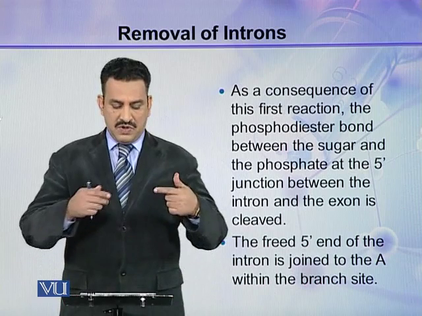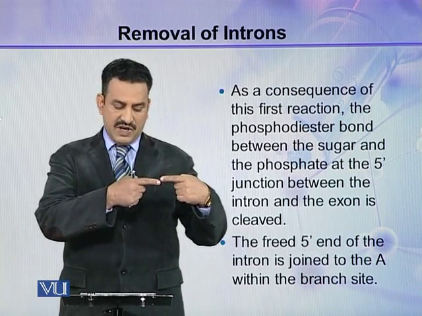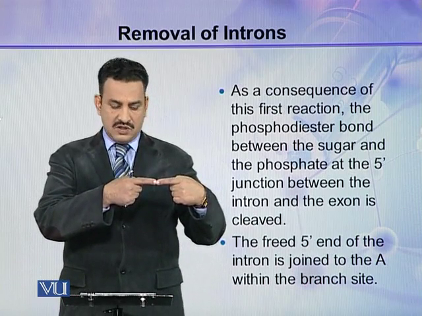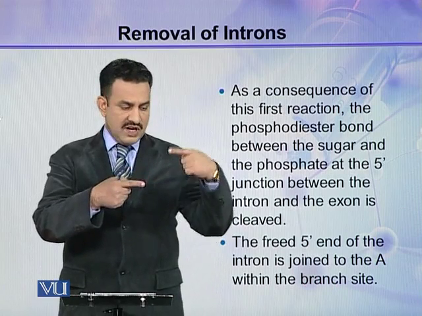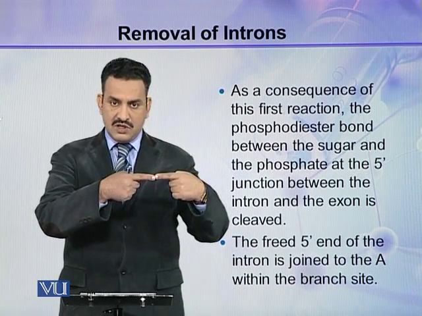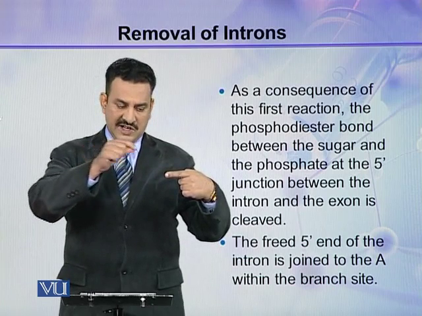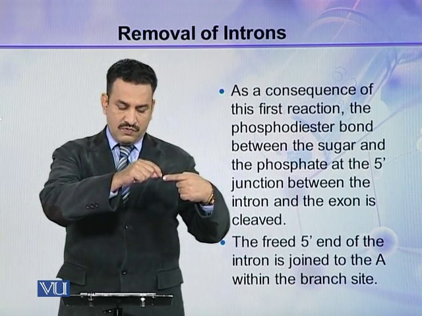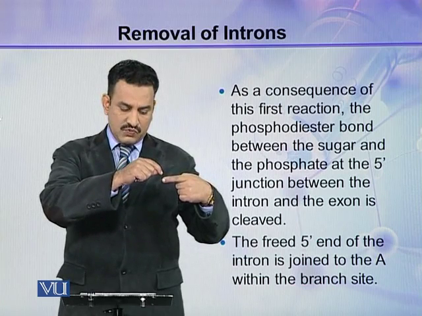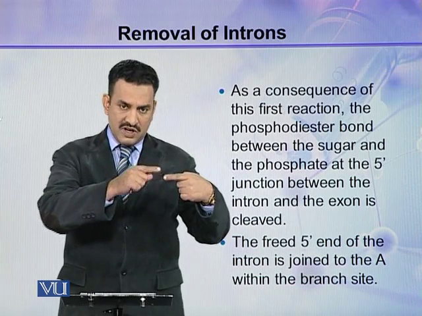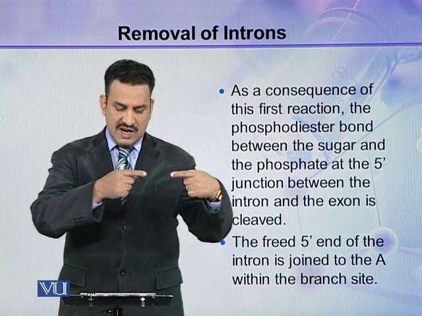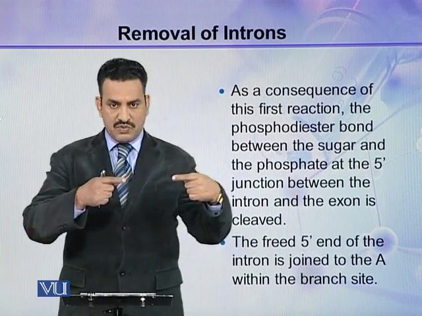So at the 5' splice site, the intron and exon are joined, but when the 2' OH attacks this phosphodiester linkage, it is broken and the exon and intron get separated.